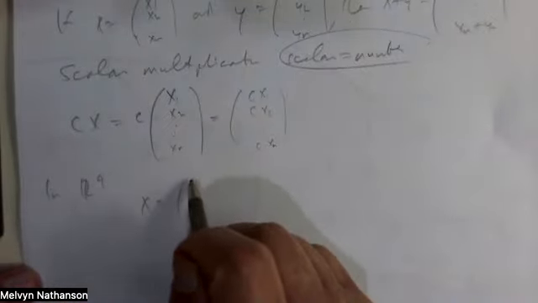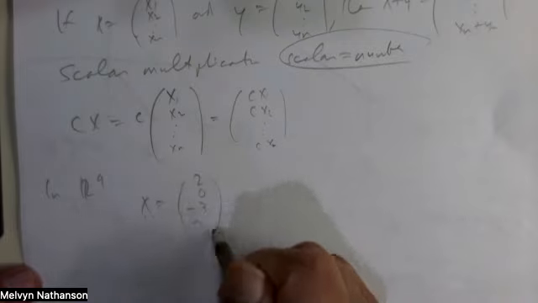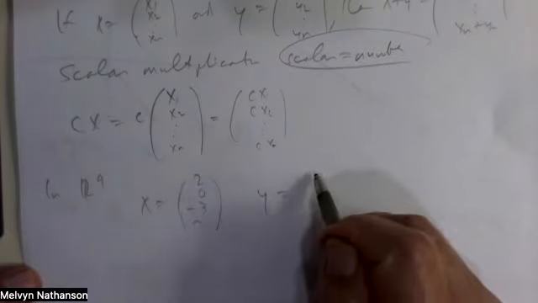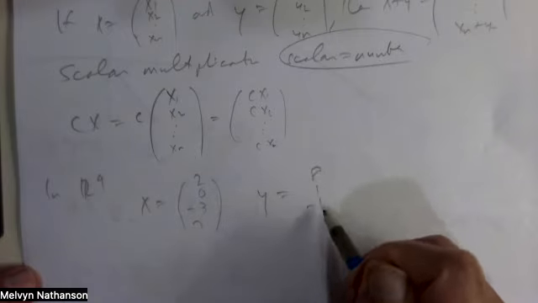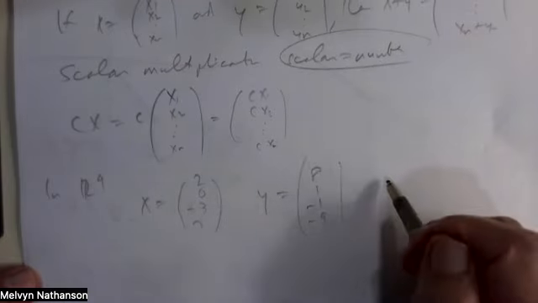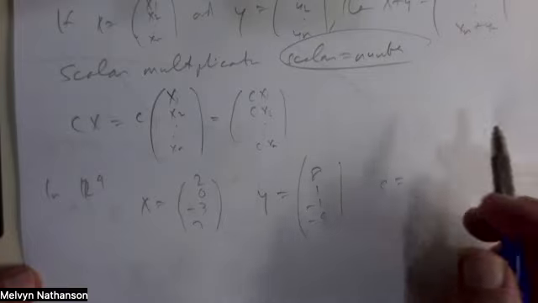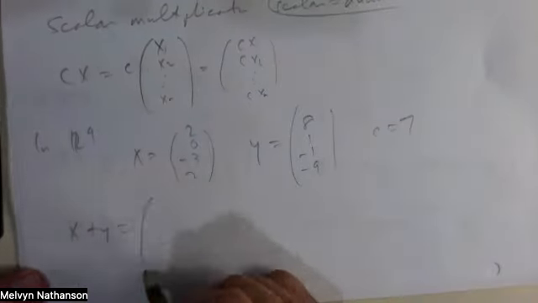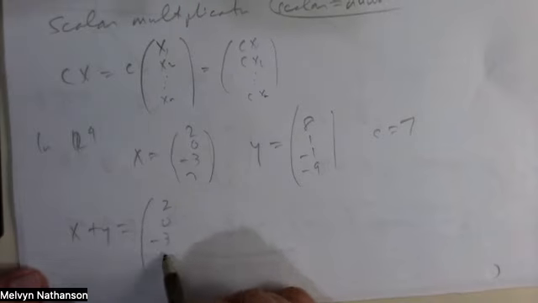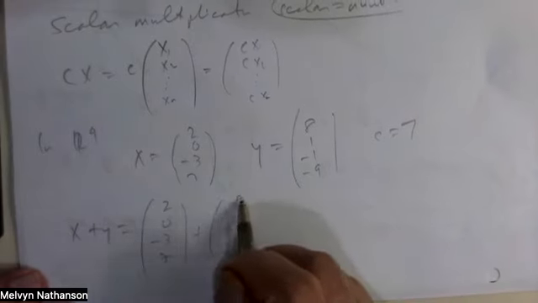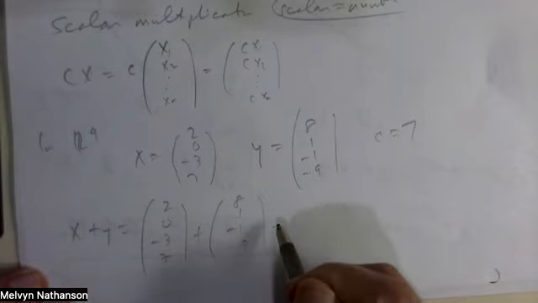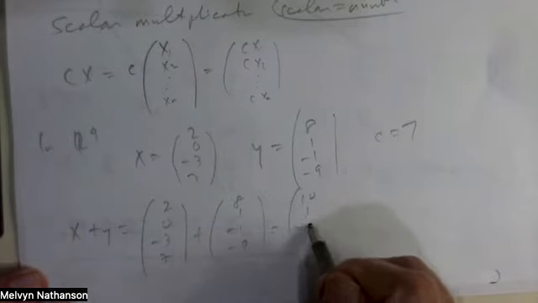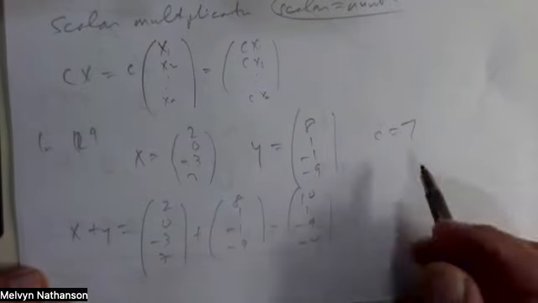So for example, in R4, if x is the vector 2, 0, minus 3, 7, y is the vector 8, 1, minus 1, minus 9, and c is, let's say, the scalar 7, then x plus y, you add these two vectors, and you get 10, 1, minus 4, minus 2.